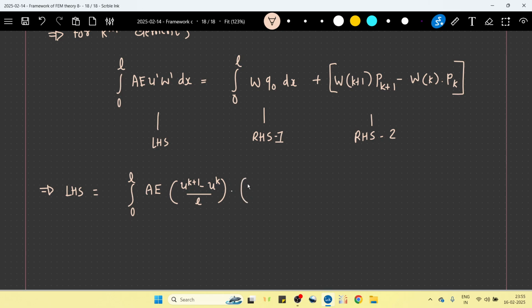So u dash and w dash will be of the same nature: (wk plus 1 minus wk) divided by small l, dx.